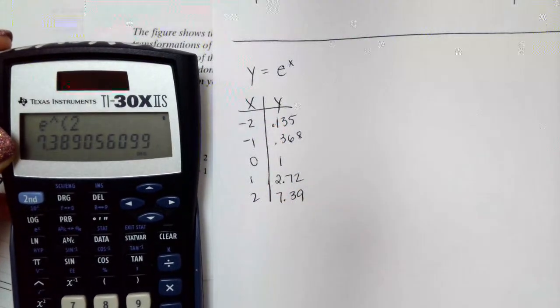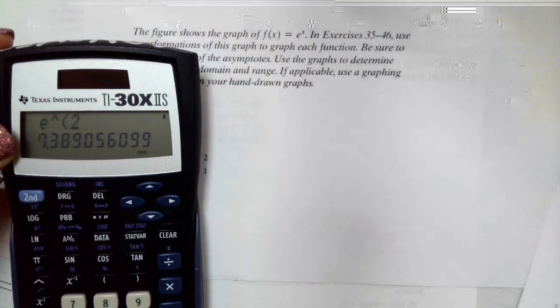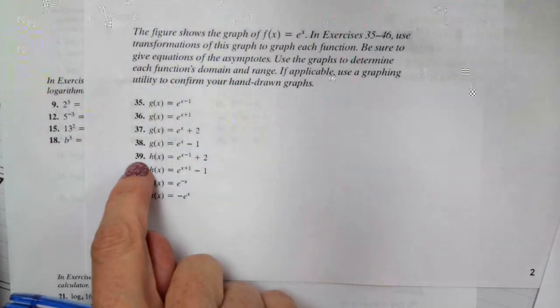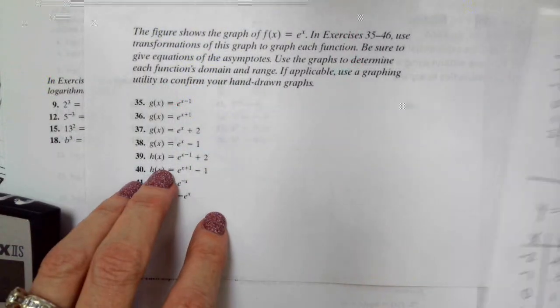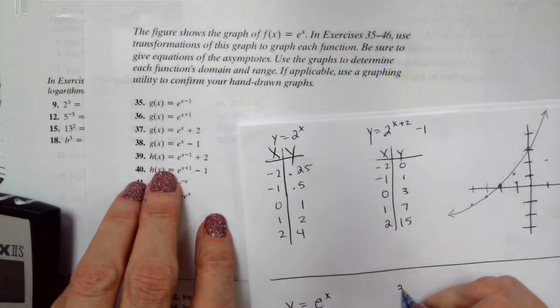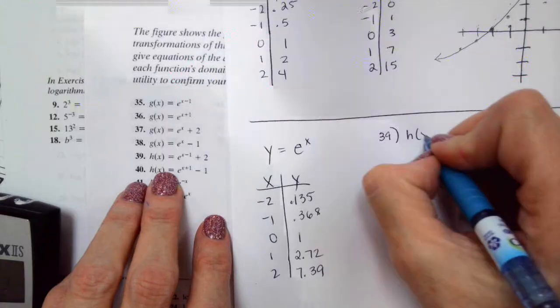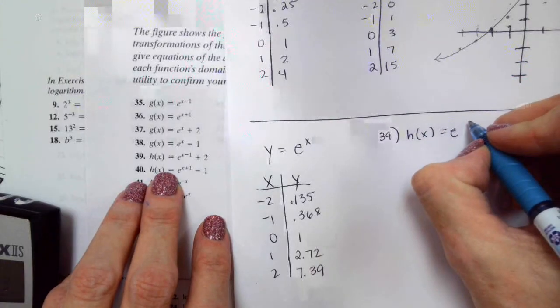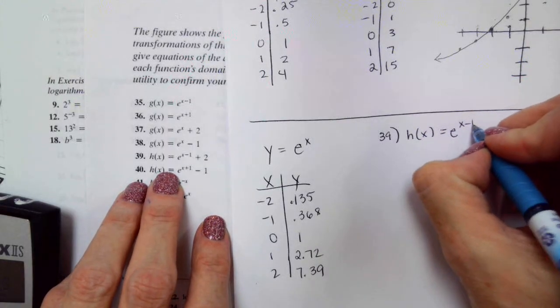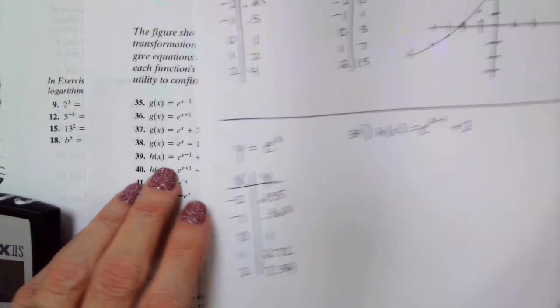So now these are my parent function points, and I'm going to look at number 39. So for 39, we have h of x equals e to the x minus 1 and then plus 2.